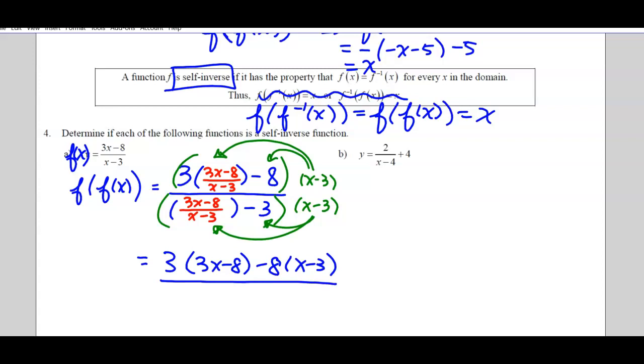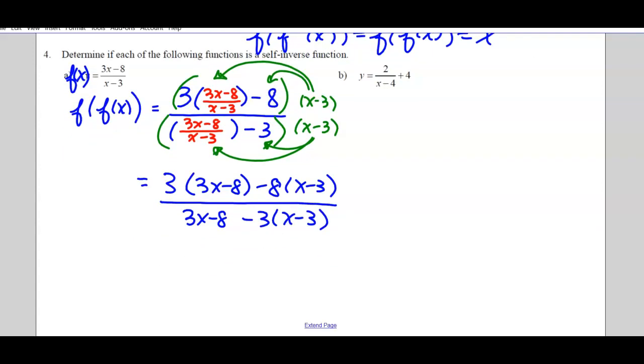Then here, x minus 3's divide out, so I'm left with 3x minus 8, and then minus 3 times x minus 3. Do not start dividing out x minus 3's, or 3x minus 8. They are not common factors, so I cannot divide those out because this isn't subtracting in between them. Okay? Just expand now.